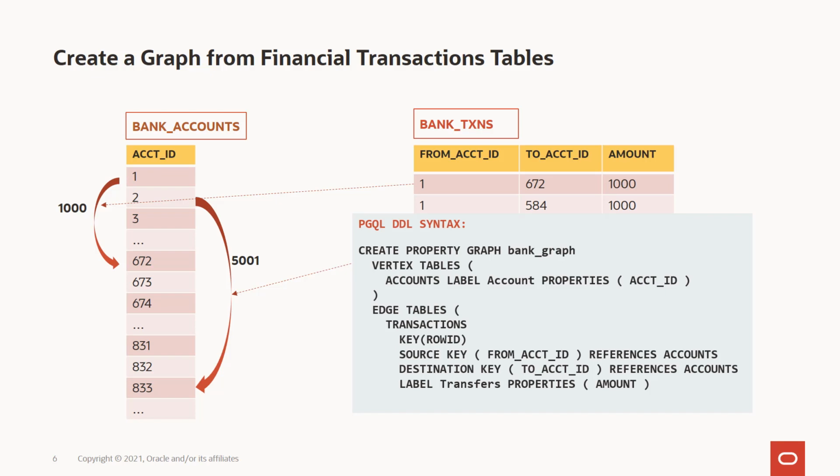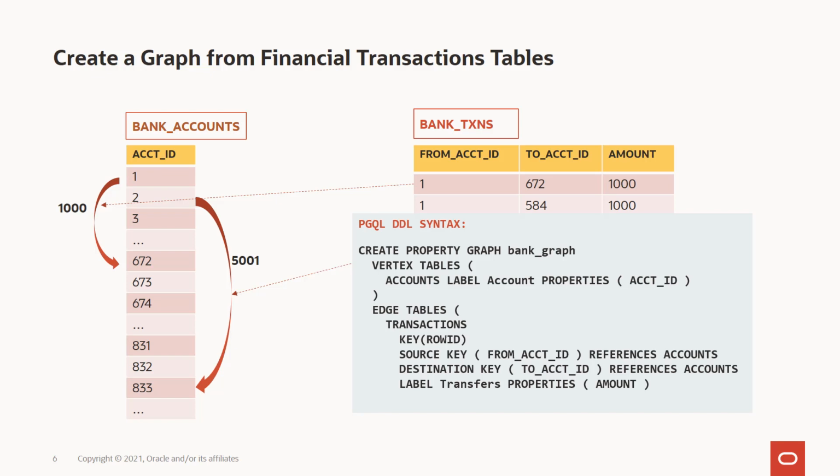In the Oracle Graph feature of Oracle Database, we support the property graph query language, and you'll see some examples shortly in the demo. This language includes DDL syntax for creating a graph. Once you've identified your accounts table, your edge tables, your vertex tables, and the relationships between them, you can use the DDL syntax to say, this is my vertex table, these are my edge tables. For each edge, this is my source vertex column, the destination vertex column, and so on.